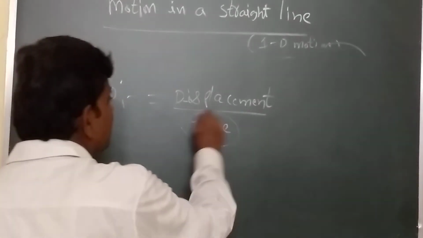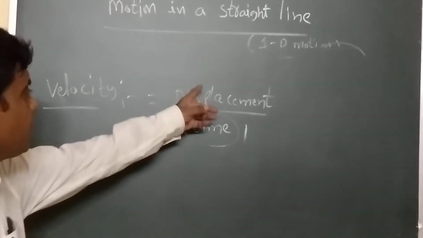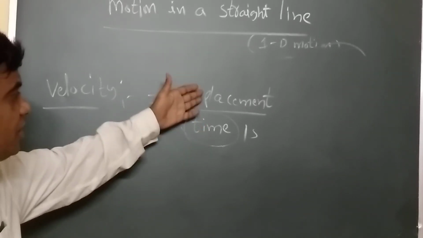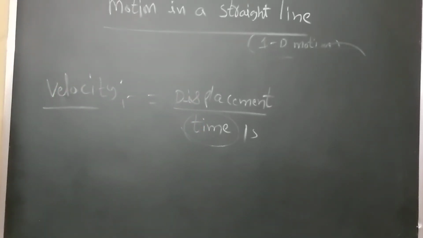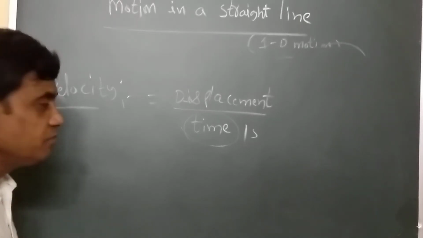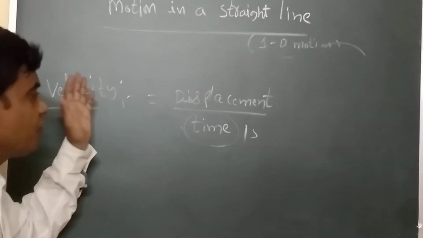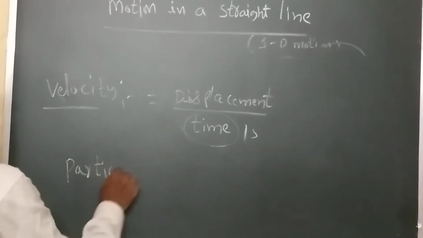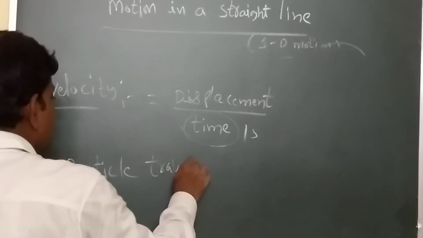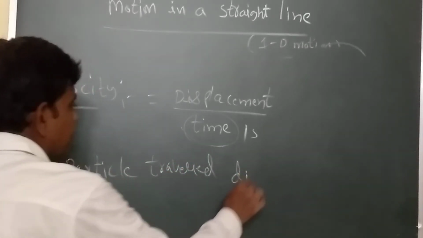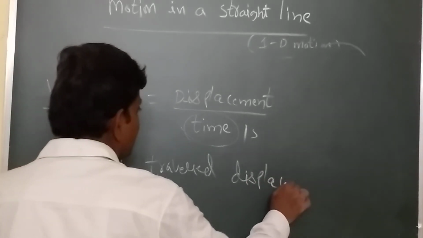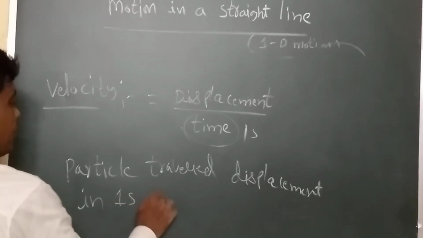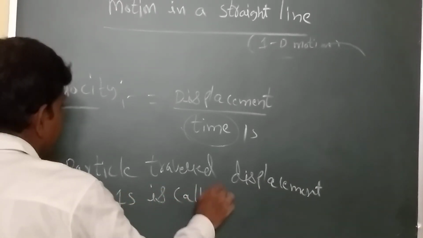In 1 second, the displacement a particle travels is called velocity. Otherwise, rate of change of displacement is called velocity. So, two definitions. The displacement a particle travels in 1 second is called velocity.